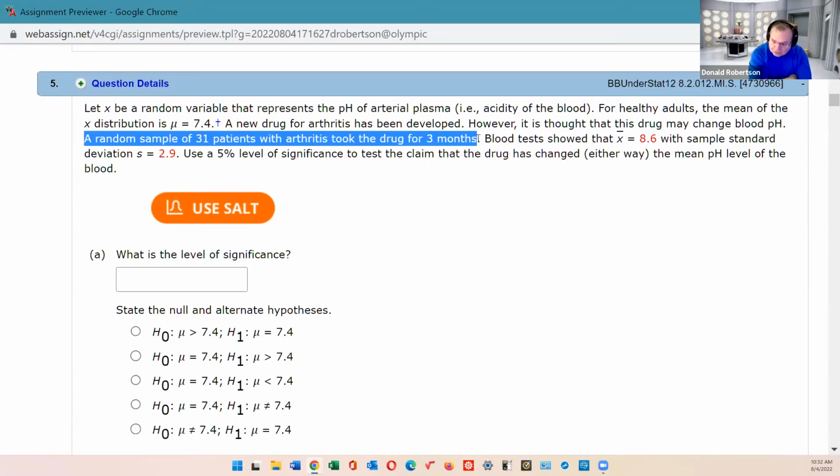When you did proportions, the test should have been np bigger than 10, n(1-p) bigger than 10, but WebAssign said np bigger than 5, right? That was your test. When you do means like this, there is no real number everybody agrees on, but it's typically about 30.